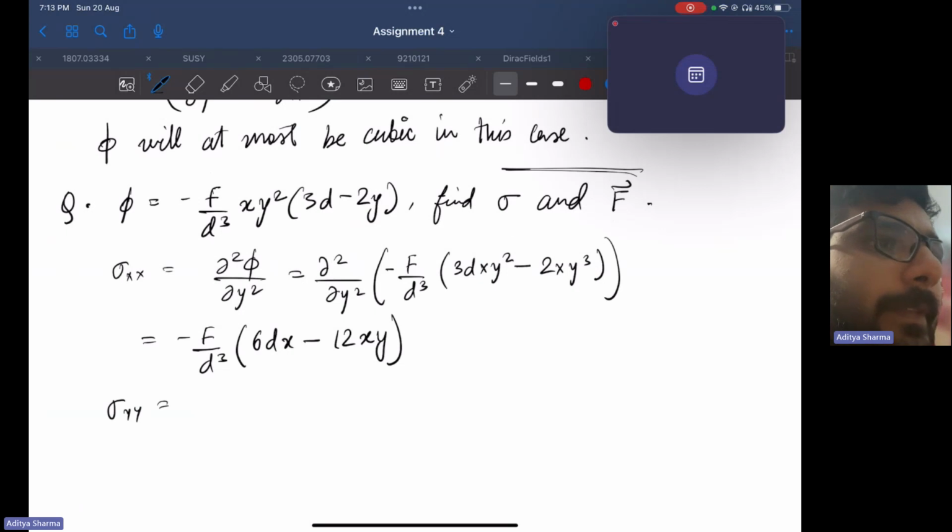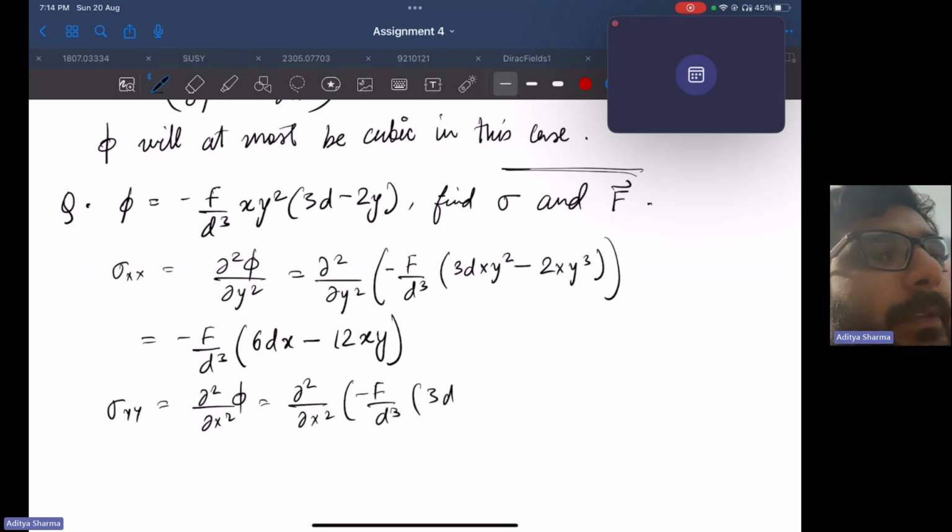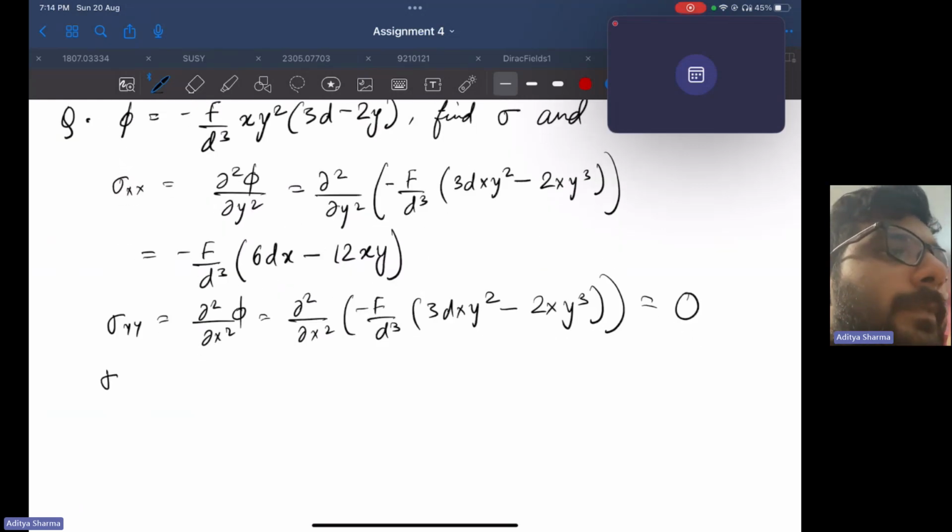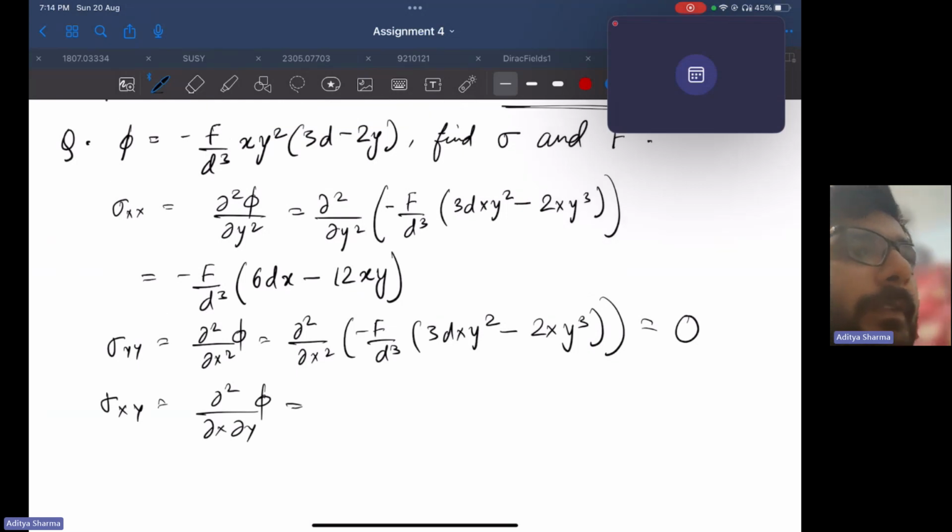Sigma y is equal to del square phi by del x square, which is equal to 2 dx y square minus 2x y cube, to 0. Sigma xy is equal to the del square phi by del x del y, is equal to, let me take the first derivative of x here.